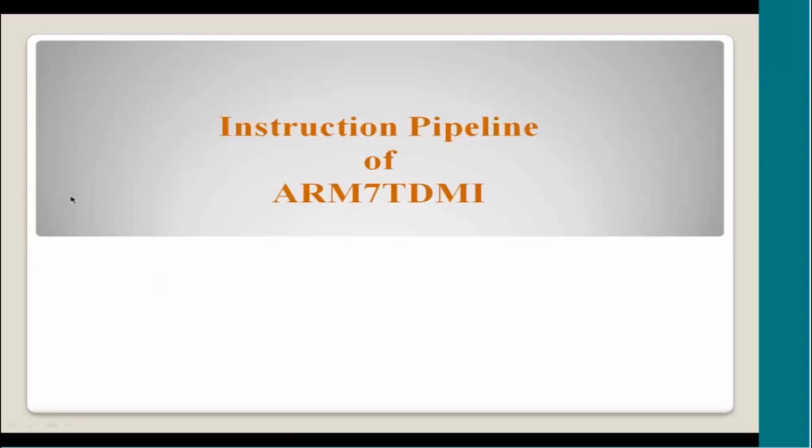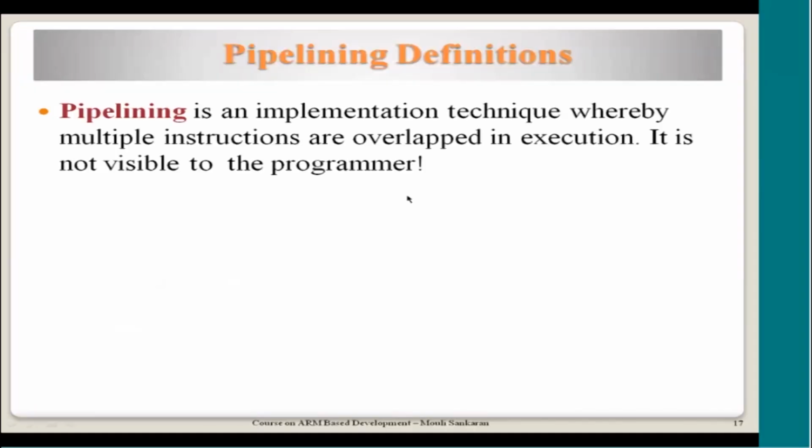Now let me introduce you to the pipeline concept and how it maps onto the data flow that I just explained. First, generic definitions of pipelining. All of you might have heard about pipelining in your undergrad class, but even if you have not, this will be a good refresher.